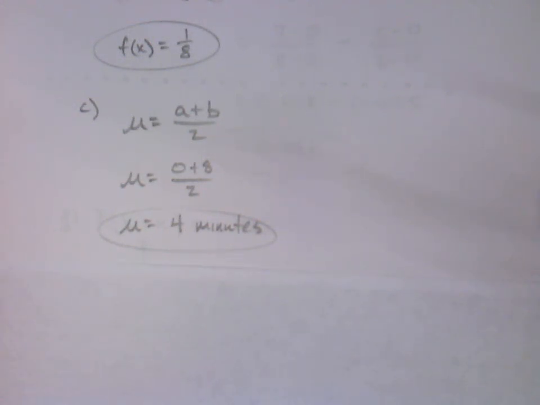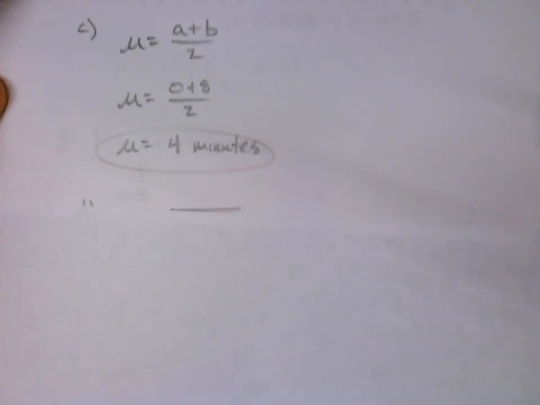Now, this one is not something we can just look at and tell. We've got this formula. I'm not going to explain where that formula comes from. I'm just going to tell you that that's what it is. The square root of the quantity b minus a squared over 12.